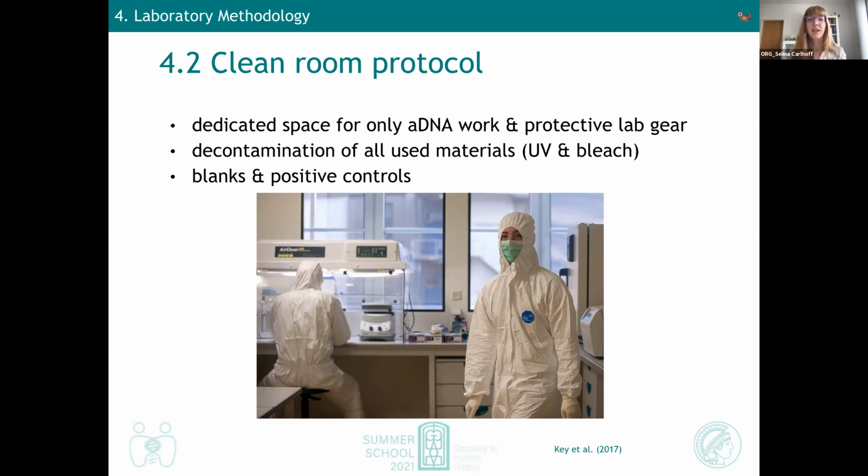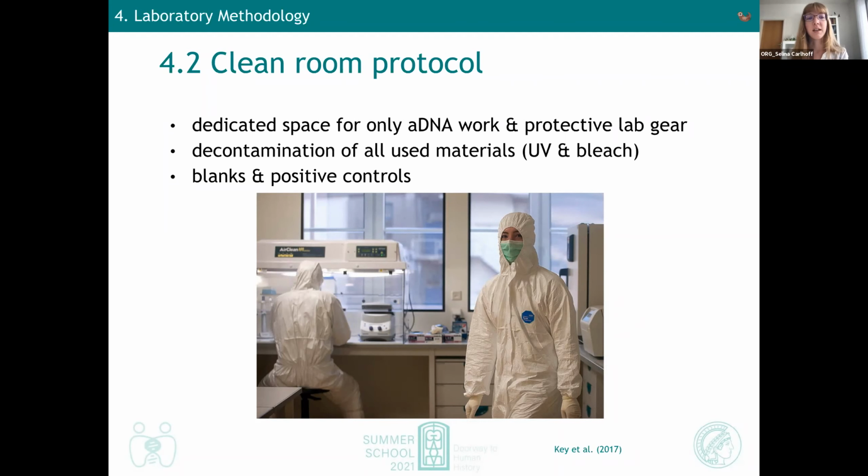And for that reason, we use blanks, which are samples which are only filled with water. So these little pure water samples just get taken along through the entire process, and are also sequenced in the end.